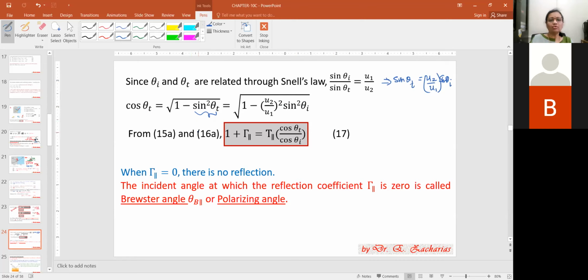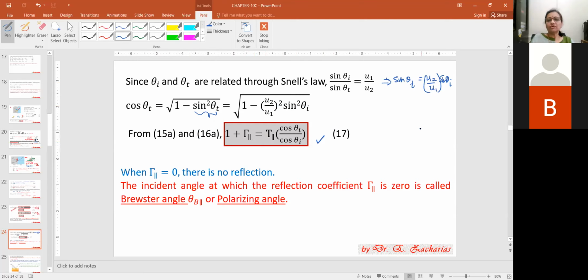Now if you substitute this in the equations for reflection parallel and transmission parallel, you will arrive at this relationship between tau and T.